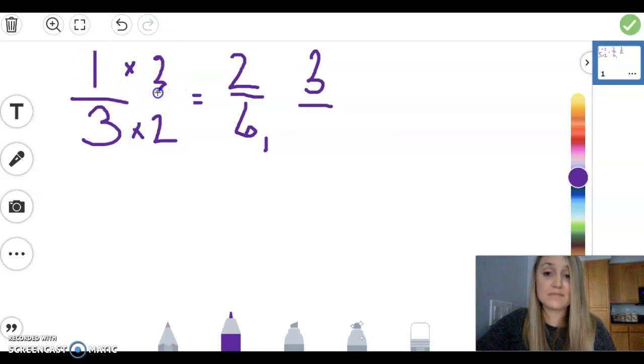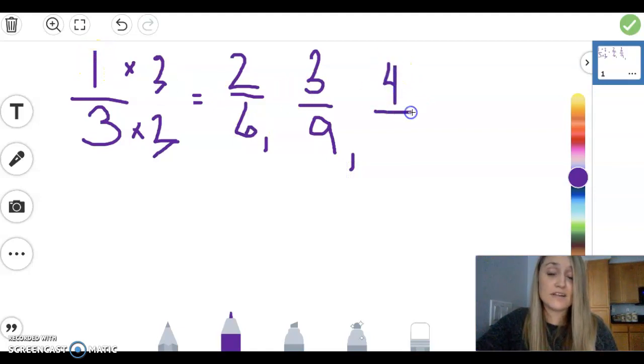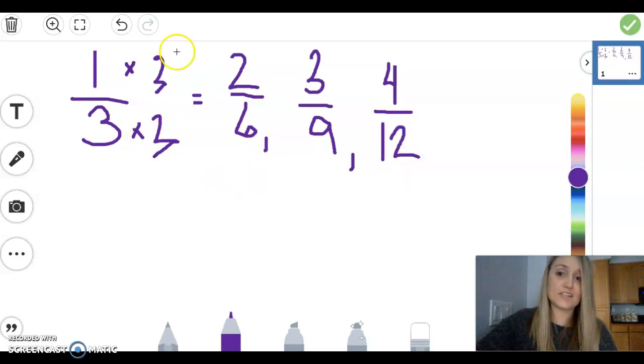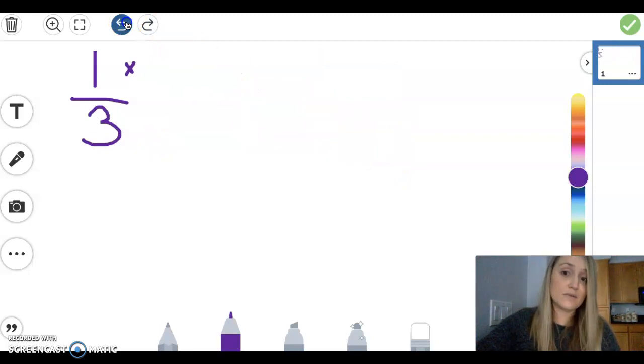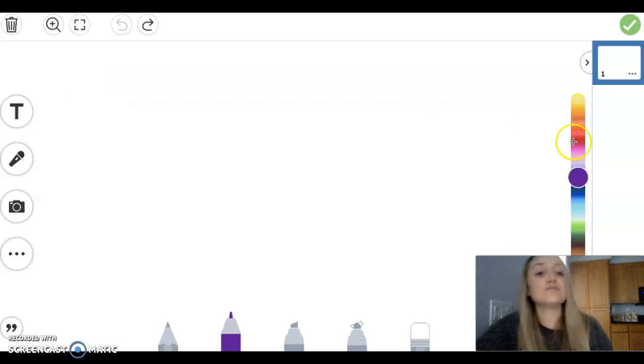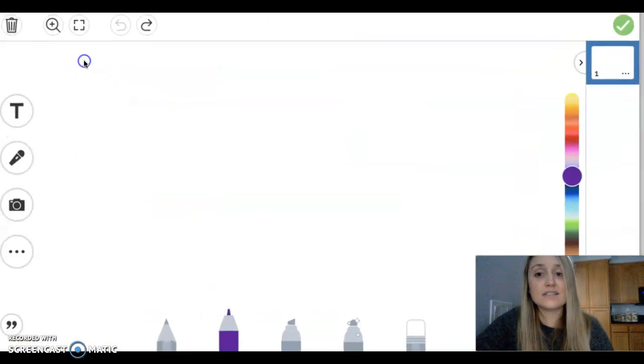So if I did times 3 on the top, then I would have to do times 3 on the bottom. So it would also be 3/9. I could do 1 times 4 and get 4, and then 3 times 4 and get 12. All of these are going to be equivalent fractions.